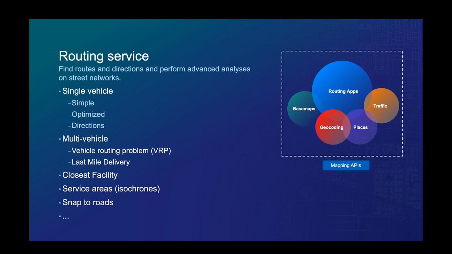If you have GPS values, you can submit a GPX file to the service, and it'll snap imprecise GPS points to the actual road location, which is interesting. But I wanted to mention it, but we won't focus on it. So we'll focus on the single vehicle and multi-vehicle routing capabilities of the service.